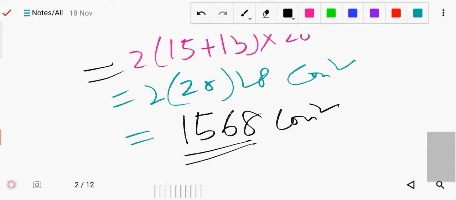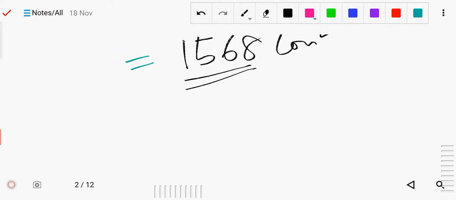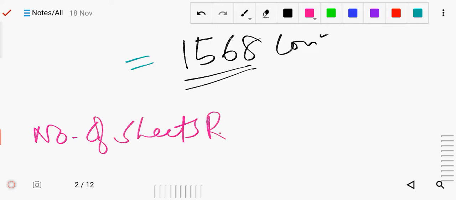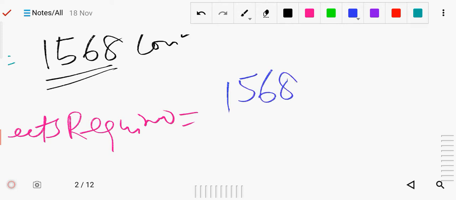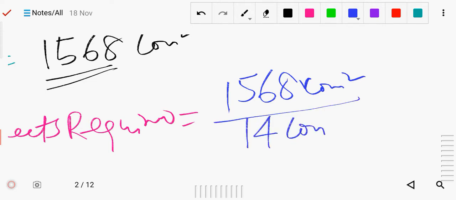Next we have to find how many sheets are used. So you can find the number of sheets required. Here we can write the area of the total paper divided by the area of one sheet, and it is already given in the question as 14 centimeter square for one sheet.